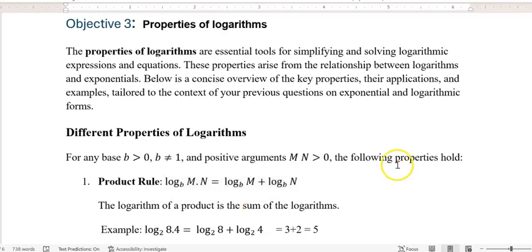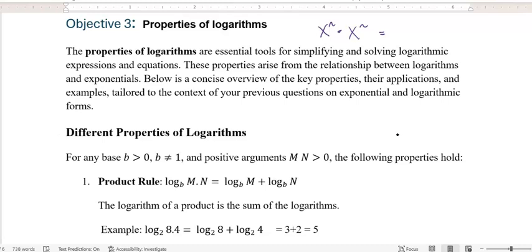In the next video we'll talk about these properties of logs, a quick introduction. You might remember your exponential properties. There's a bunch of these properties for exponents. It's not really part of this course, so you might want to review these. It's a prereq.